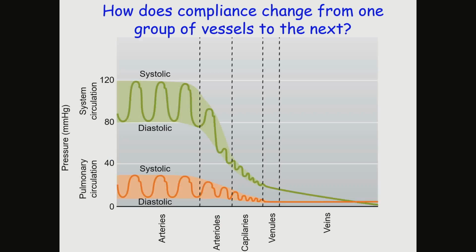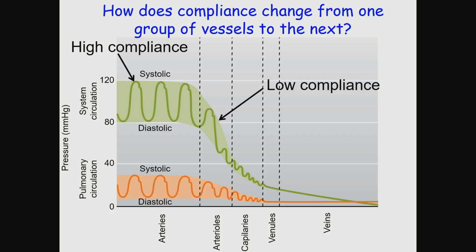Okay, so if we look at how compliance changes from one group of vessels to the next, we see that our big arteries are very compliant. And one of the reasons is because they have a lot of elastic fibers. So if you put a bunch of blood in, say, the aorta, it has all those elastic fibers, it can stretch out, okay?